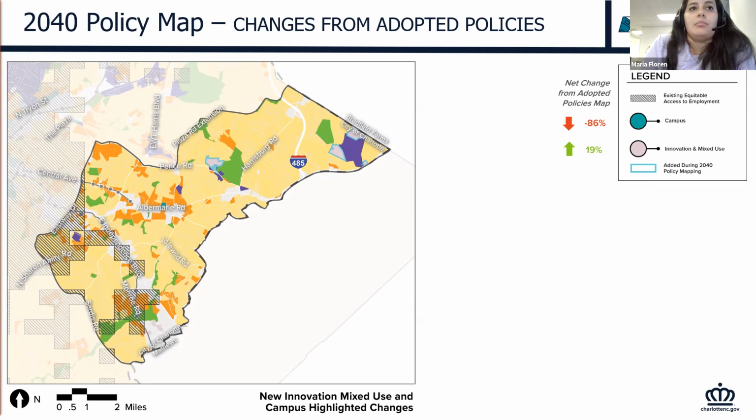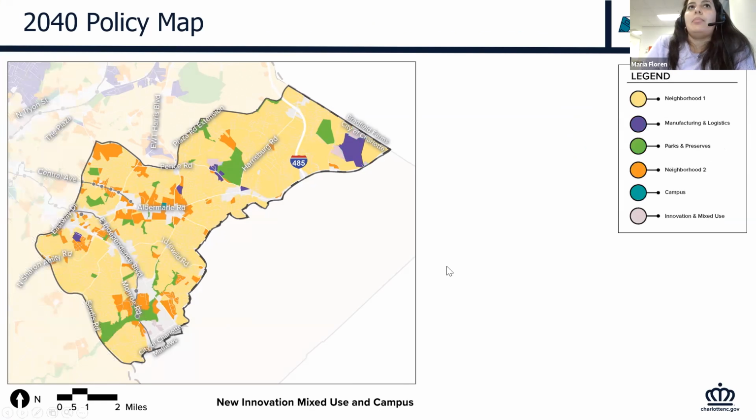And the areas highlighted in blue show the additional areas where these place types were recommended as part of this step in the mapping effort. And here is the map with all of the place types mentioned so far.